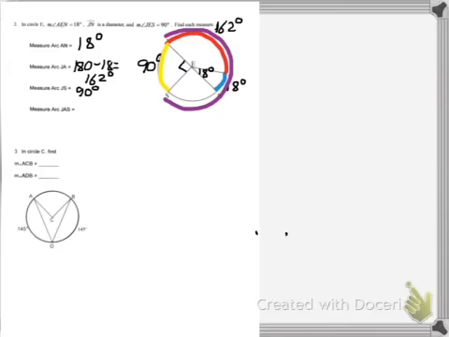Well, we knew that we had a 90-degree angle over here from J to S. So that means that this one here is also 90 degrees, which means this is 90 degrees out here. So that purple arc angle that I drew in there, we just need to add those numbers together. So it'd be 162 plus 18 plus 90. We add all those together, we get 270 degrees.